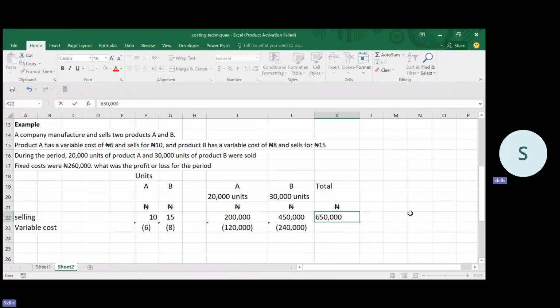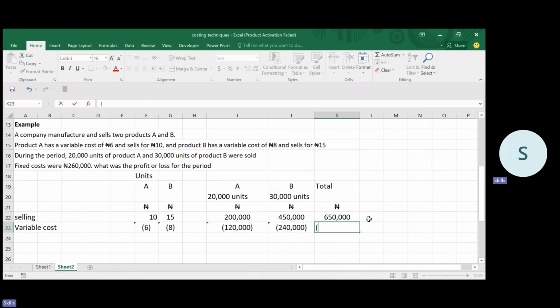So this is the total revenue or total sales for product A and B, that 20,000 and 30,000 units. This is what will be realized. Then the variable cost will be 120,000 plus 240,000.